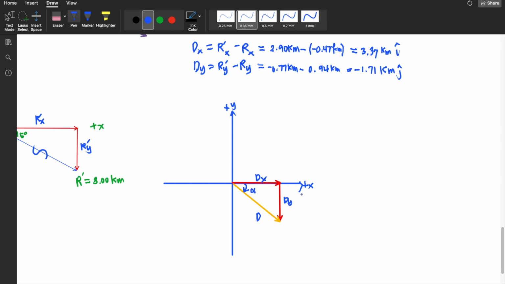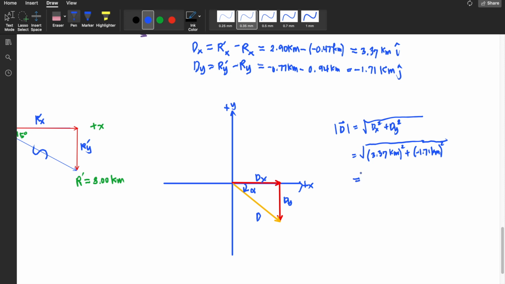For the magnitude of this d vector, we're going to use the Pythagorean theorem. You'll have the square root of dx squared plus dy squared, so the square root of 3.37 kilometers squared plus negative 1.71 kilometers squared. Again, the unit vector is not included since its magnitude is simply 1.